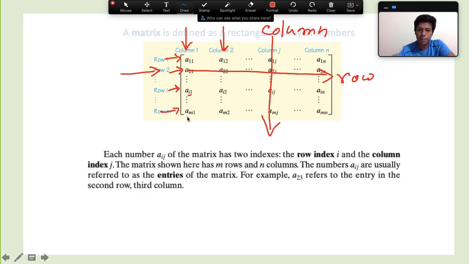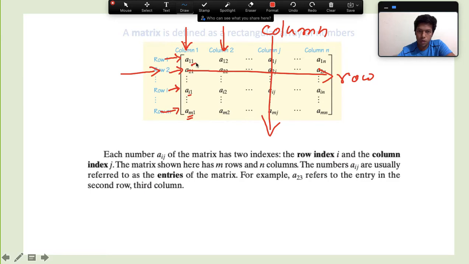Then row m. So the first value is for the row, this is 1, 2, i, m. Then the second value is for the column. This is column 1, this is column 2, this is column 3.